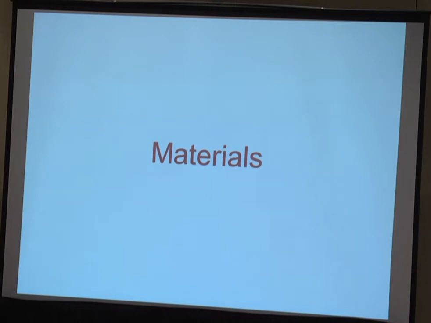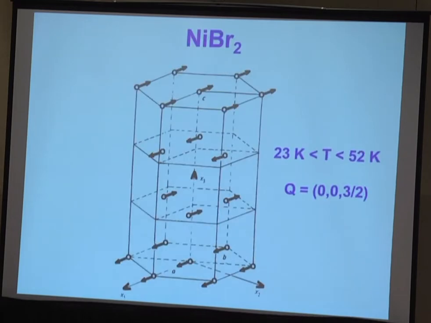There are a number of materials. There is an effort in the Netherlands on finding insulating magnets with competing interactions that allow for Skyrmions and other topological structures. But the basic idea is illustrated by nickel dibromide.